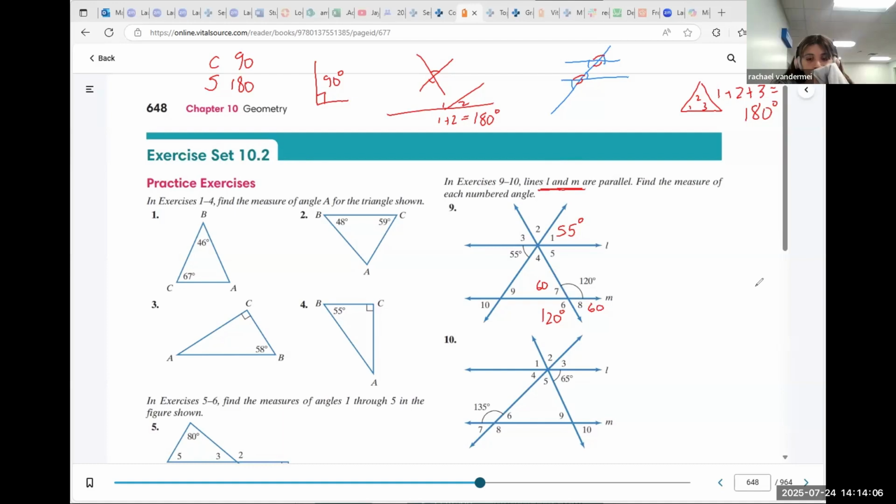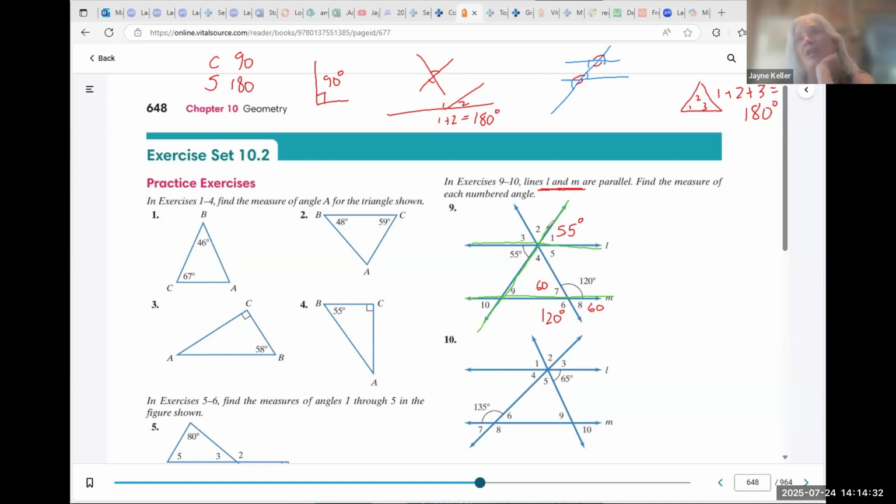So what angles does that help us with? Sometimes this one will throw people off, that extra line in there. But if you just look, this is parallel to this, and then we have this transversal.